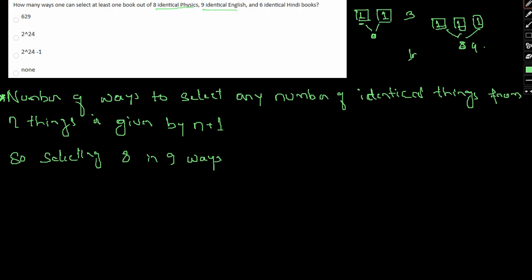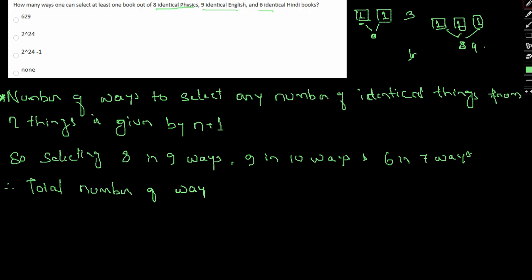For 9 identical English books, we have 10 ways, and for 6 identical Hindi books, 7 ways. Okay, so therefore the total number of ways will be 9 into 10 into 7, that is 630.